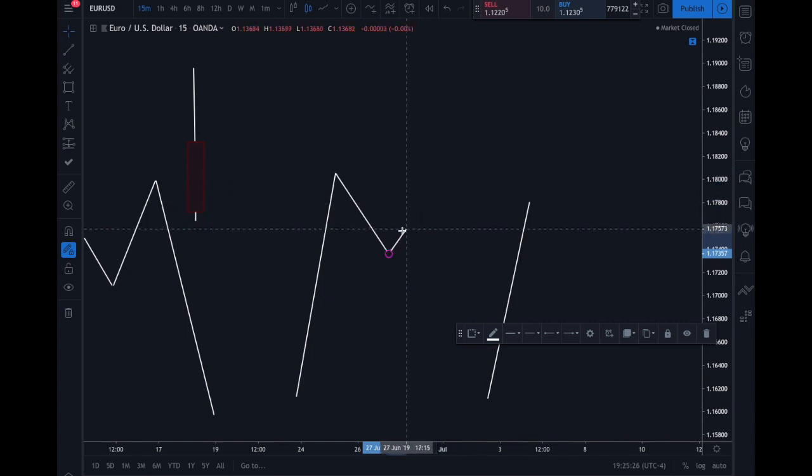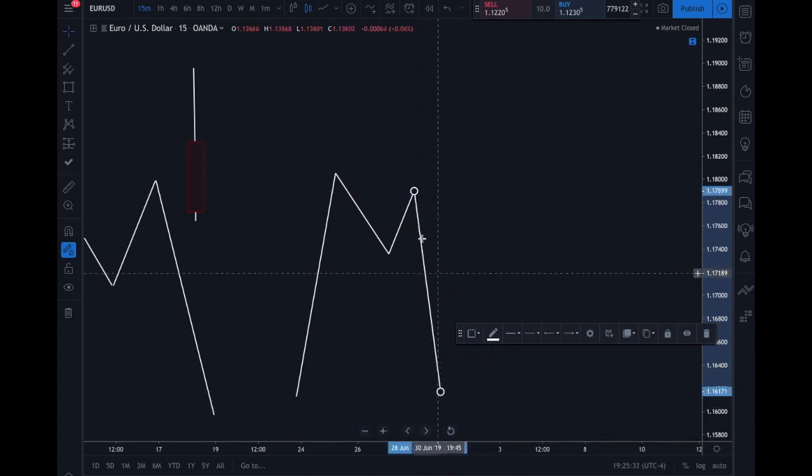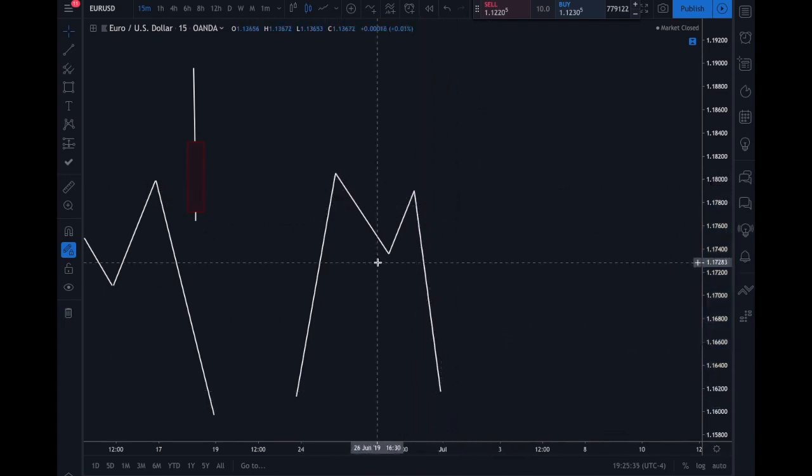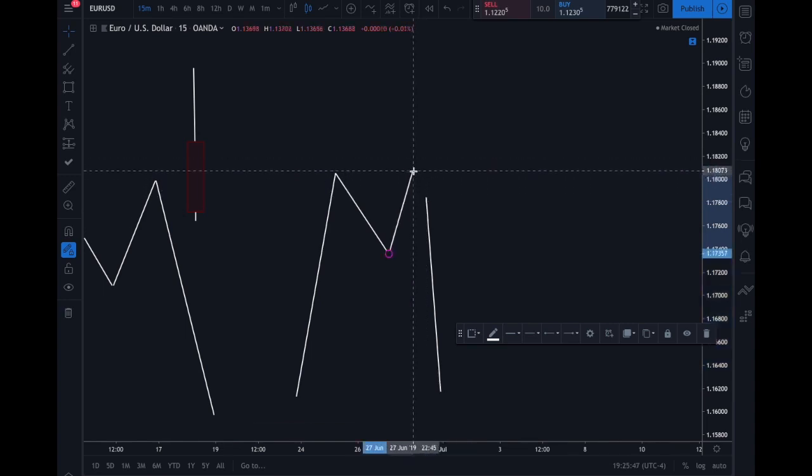So the only reason you'll see M patterns like this, where it looks like it's just short of the first leg, is because on the first initial push, they ended up getting all of the traders that they needed. They didn't want to go all the way back up, because if they do, they release those trapped traders with break-even trades.